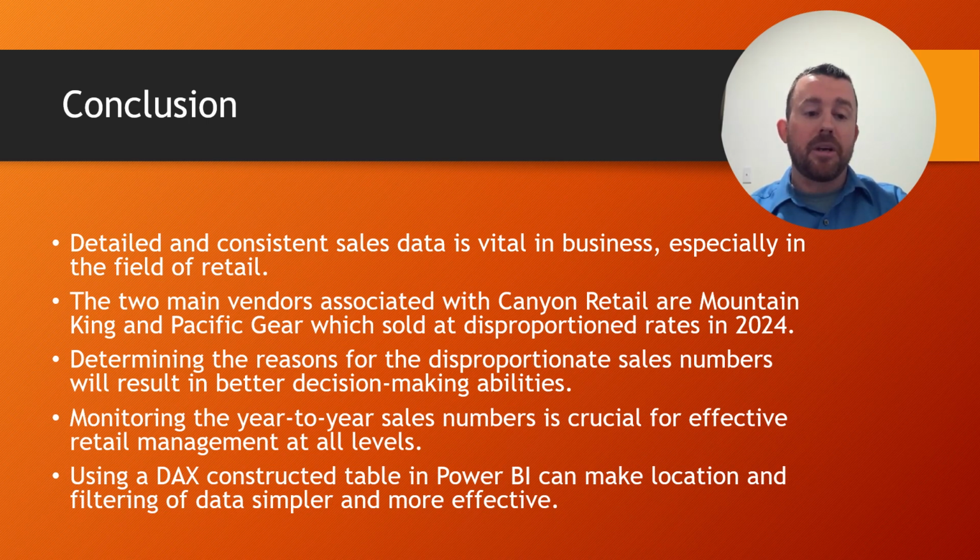We also covered determining reasons for the sales numbers, and why it is important to monitor them from year to year so that if any numbers change, we can figure out why. If numbers are going up, that's good. If numbers go down from this year to next year, that's something we can look at. And then the importance of constructing and utilizing a DAX constructed calendar table using Power BI.